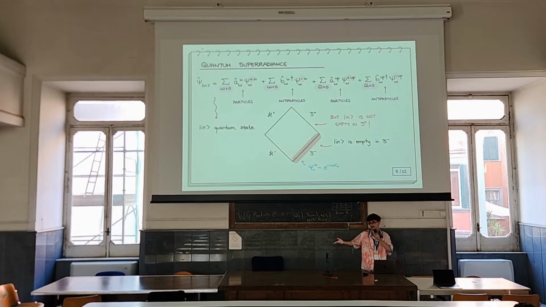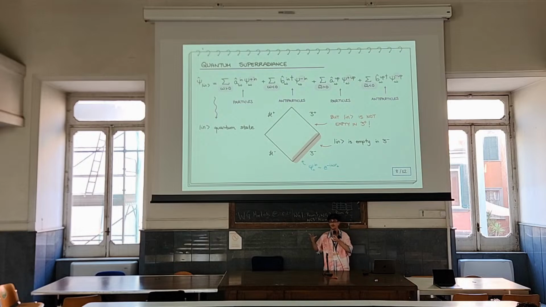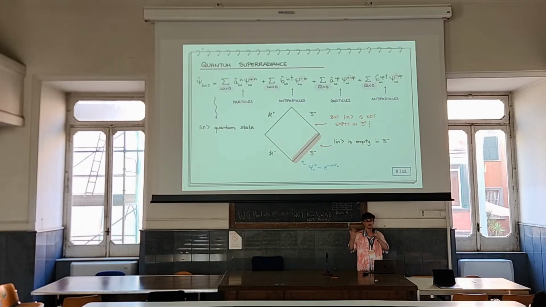Okay, so if we do this, then we have a quantum field operator, expanding the field and constructing the annihilation and creation operators. And this defines then a quantum state that we call the in quantum state. This in quantum state has a physical property. And this physical property is quite clear.